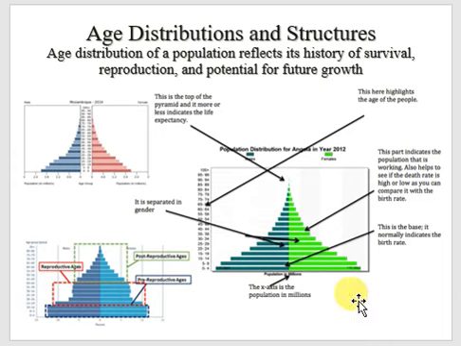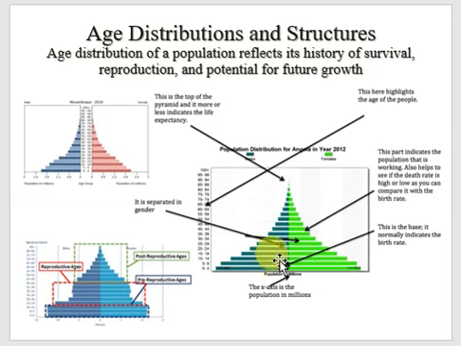Usually you'll see either a pyramid or conical shaped structure that's distributed across the x-axis, where the x-axis is representing population size or percent population in millions. You always have a separation in half of the structure where the left hand side represents males and the right hand side represents females.